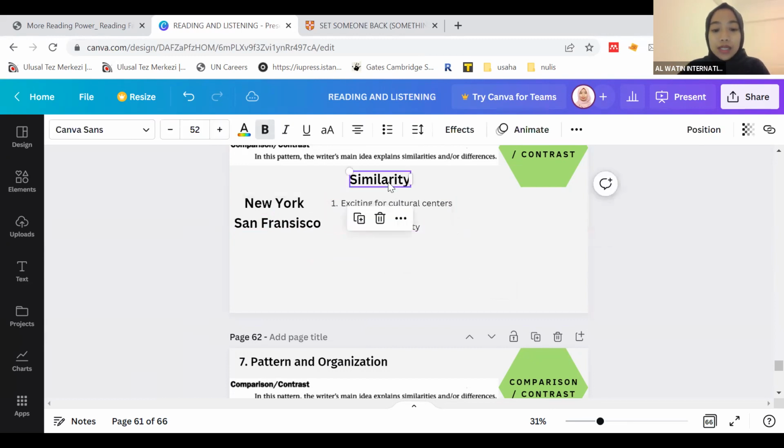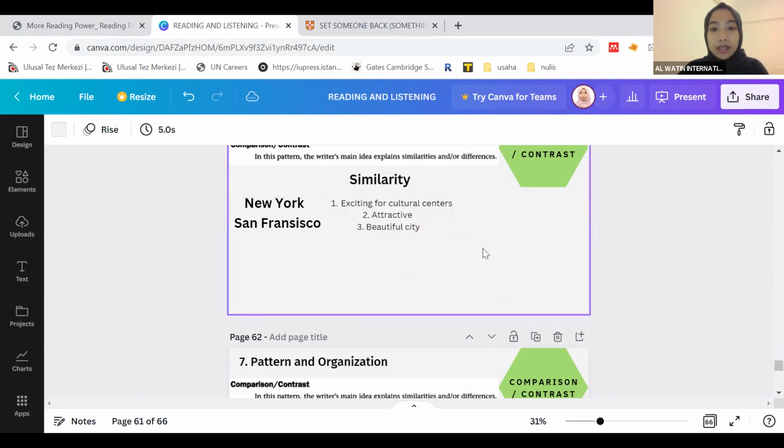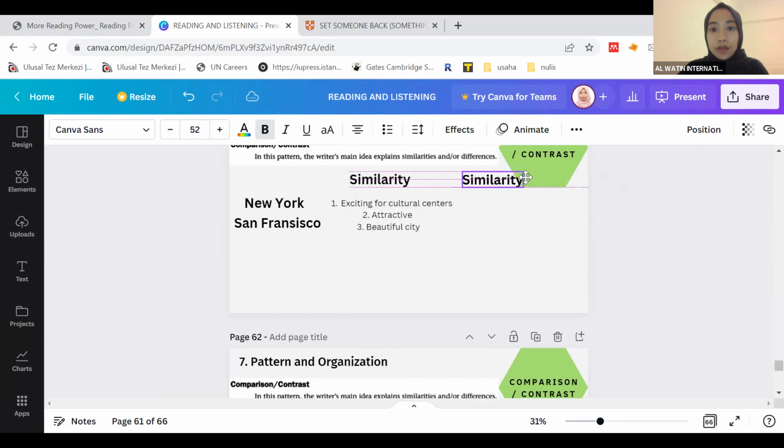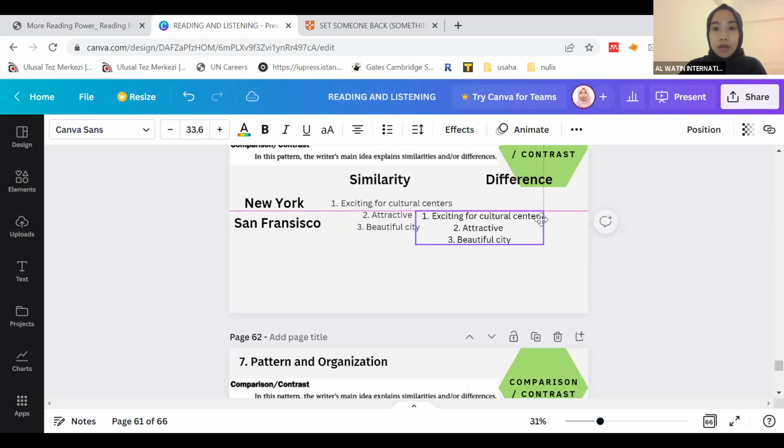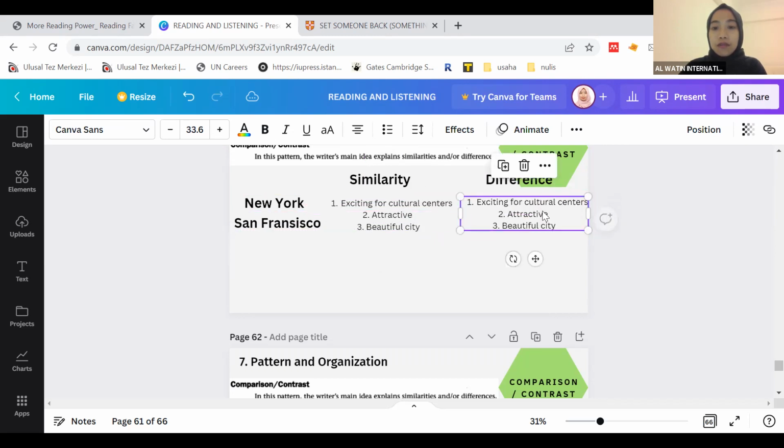What about the difference? I want to write the difference. Let me write first for New York.